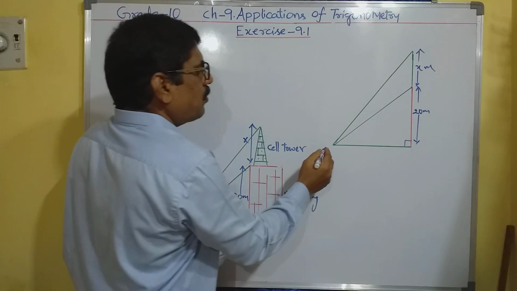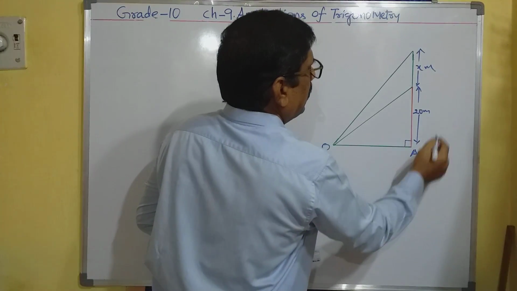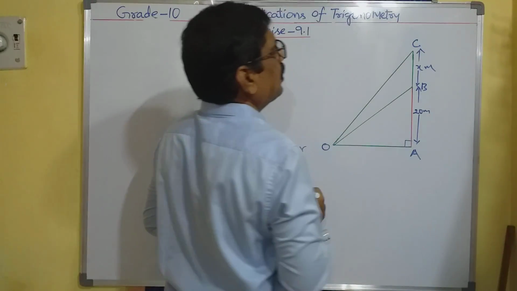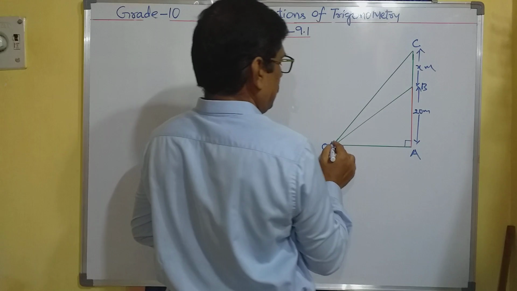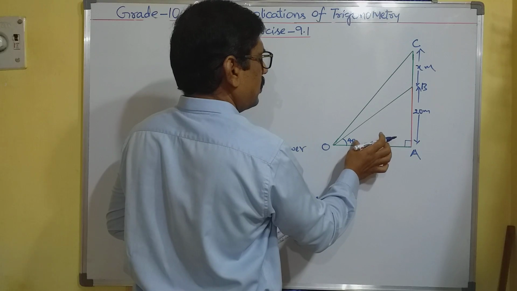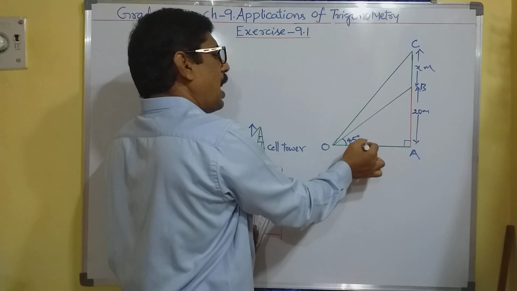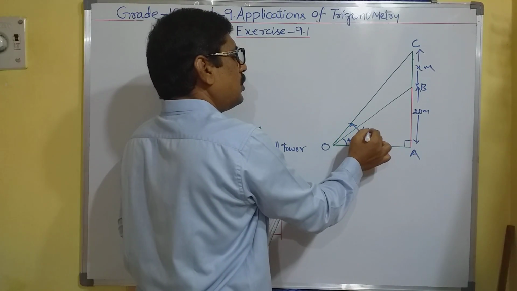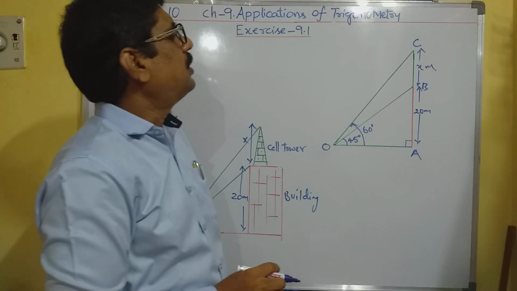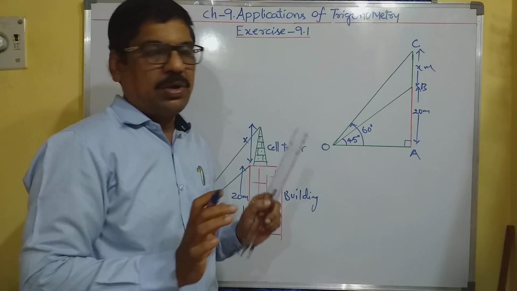From the observer's point of observation, let us take it as O, and this is A, this is B. Otherwise take the building as AB, and this is C. When he looks at the point B, the angle is 45 degrees. And when he looks at the top of the tower, the angle increases to 60 degrees. Now we need to find the height of the tower. This is the information we got from the problem.